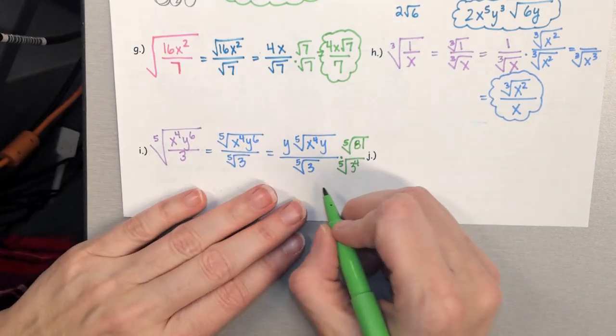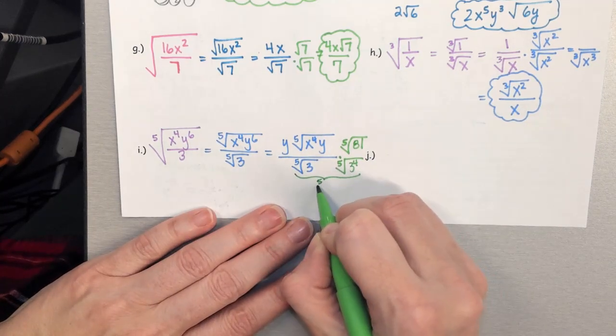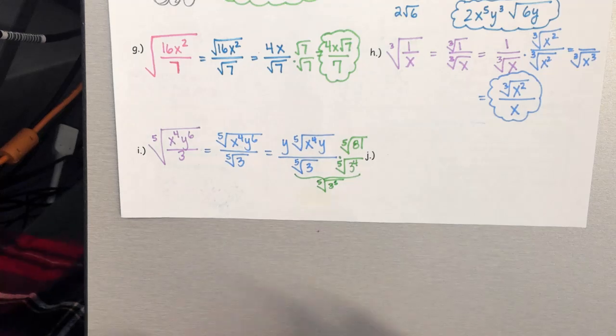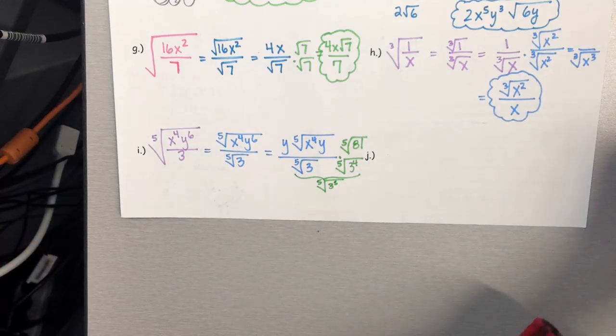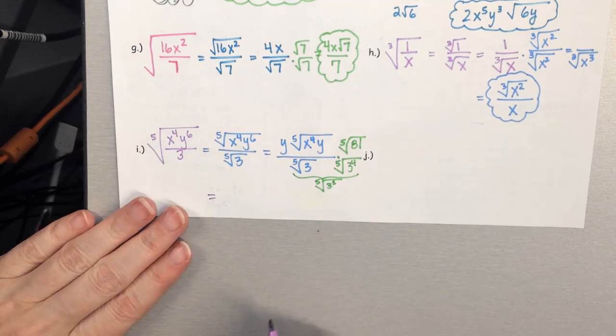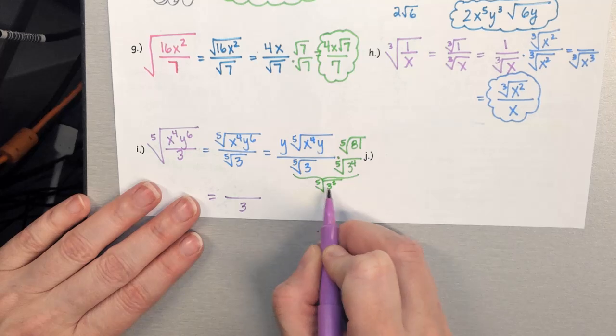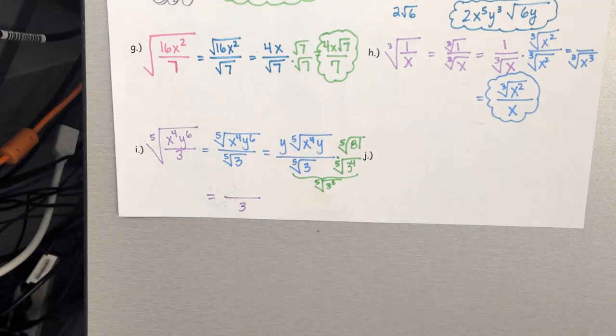Okay, but I want you to understand here that the denominator becomes the 5th root of 3 to the 5th, and that's why you are able to simplify. So then your final answer on the bottom is going to be 3, because the 5th root undoes the power of 5.